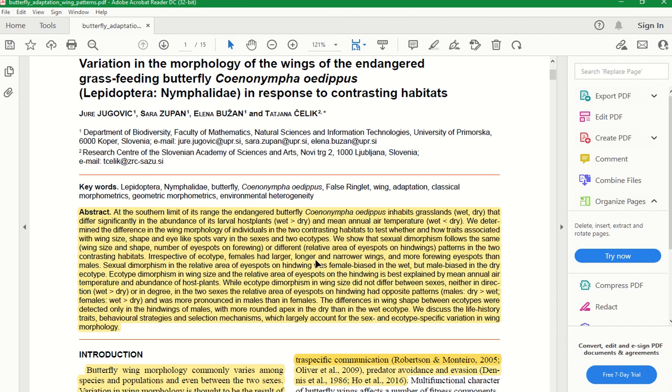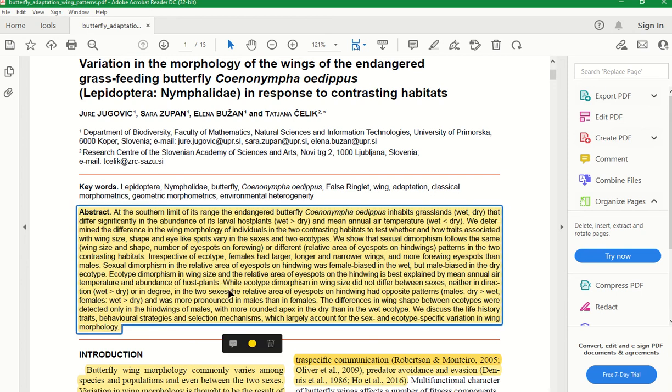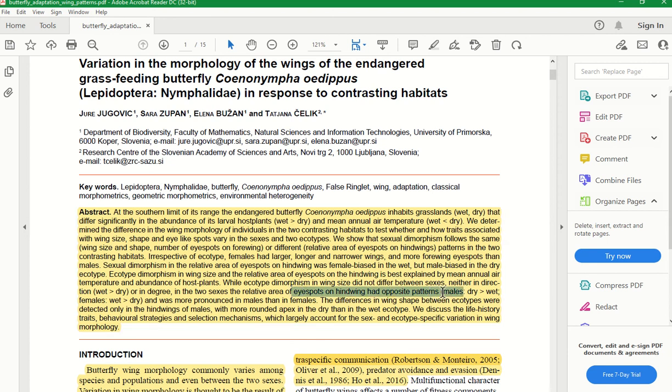So I read through this. I certainly didn't get all of the information on the first read through. And I was also looking for something specific, which is that I wanted to look at the eye spots on hindwings, and they're talking about how there is some sexual dimorphism happening in this same species.